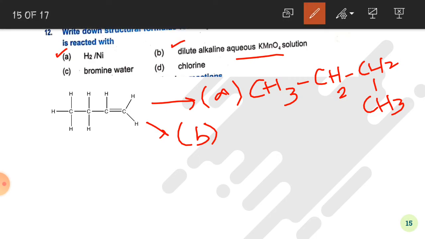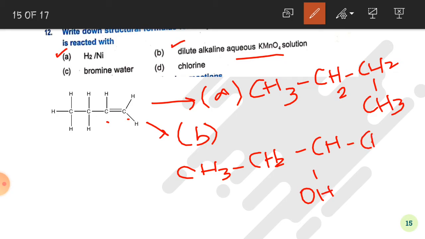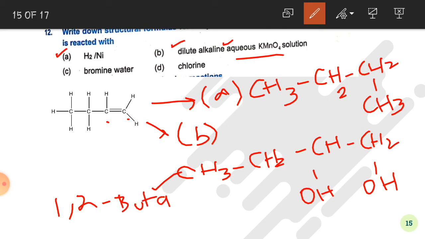Now 2 OH groups will be added on these two carbon atoms, so we will get CH3, CH2, CHOH, CH2OH. So this will be the end product when this alkene reacts with dilute alkaline aqueous potassium permanganate solution. This structure is also named 1,2-butane diol.